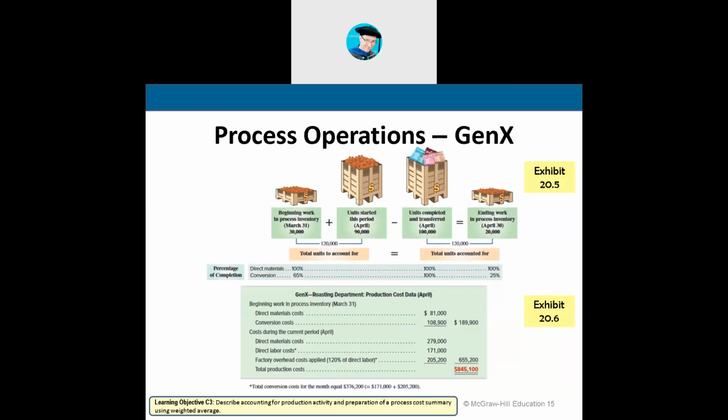Because remember, in each department, I'm adding in materials, direct labor, and factory overhead. When it moves from the first department to the second department, I've converted those costs over to the next department. That's where the word conversion cost comes from. So here we have an example.